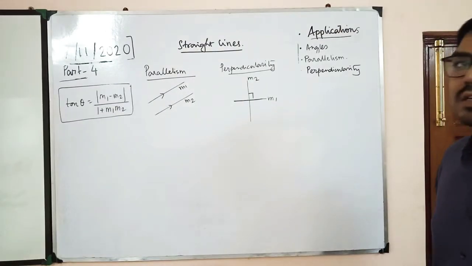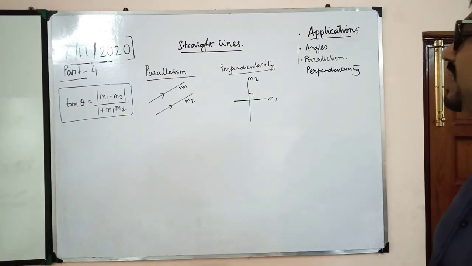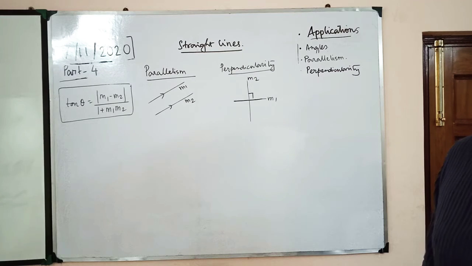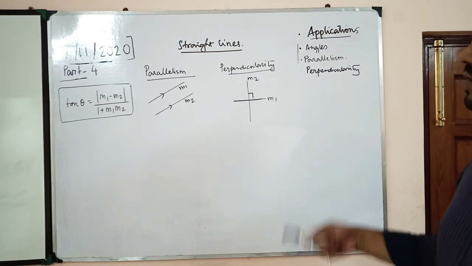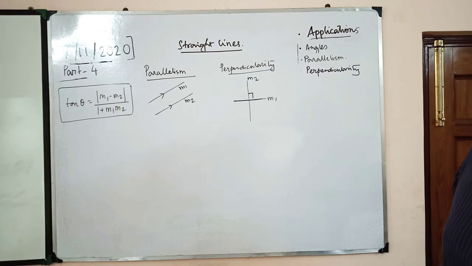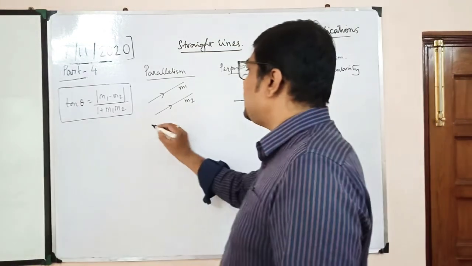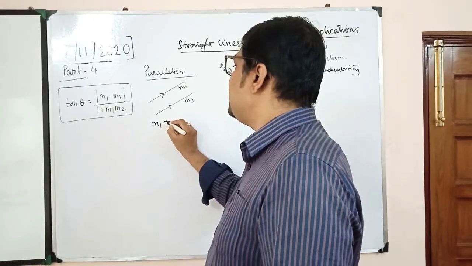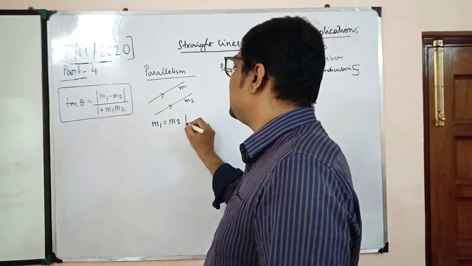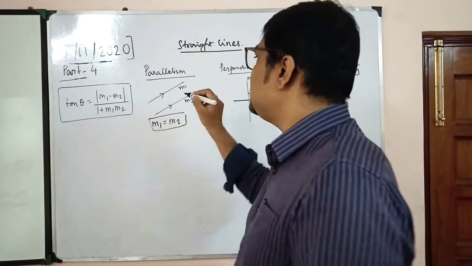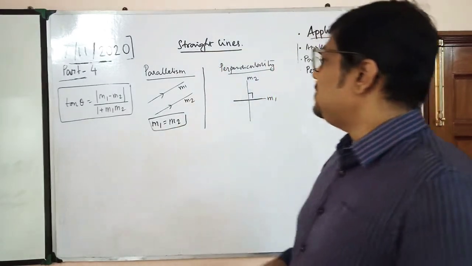If two lines are parallel, they will have the same slope. Why so? Because of the same corresponding angles created with the x-axis. So here we write m1 equals m2. This is the parallelism concept.